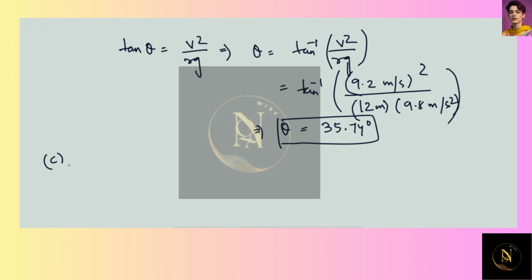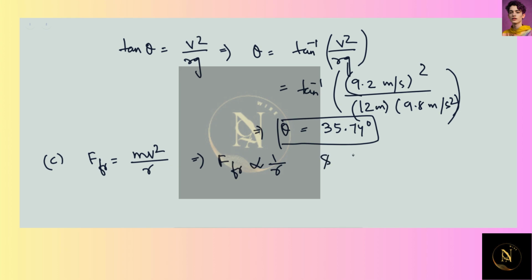Now coming to the last part. We have friction supplying the centripetal force, so this should be equal to mv square over r. Since F friction is inversely proportional to r, considering velocity and mass are constants, the smallest turning radius should result in the maximum force.